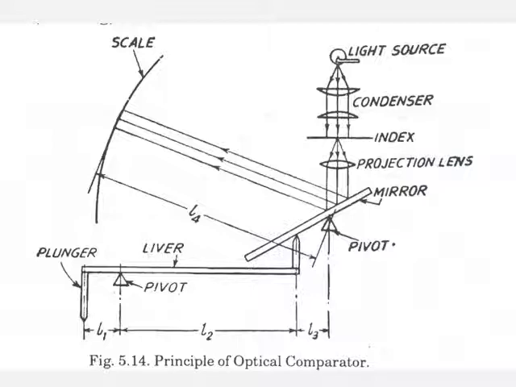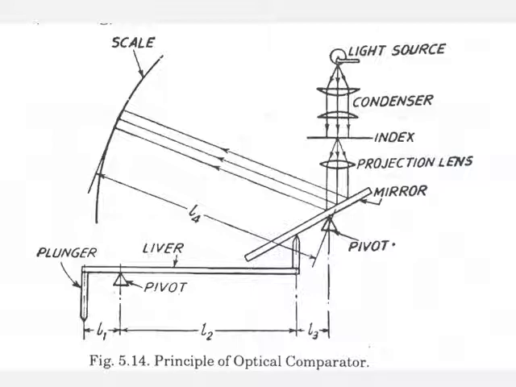When it falls on the mirror at an angle of, let me say, theta, the image is reflected back onto the other target surface at the same angle theta. When I tilt the mirror by an angle theta, then obviously the reflected ray changes its angle by an angle 2 theta.